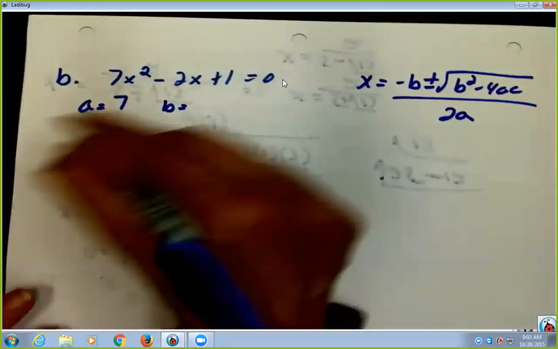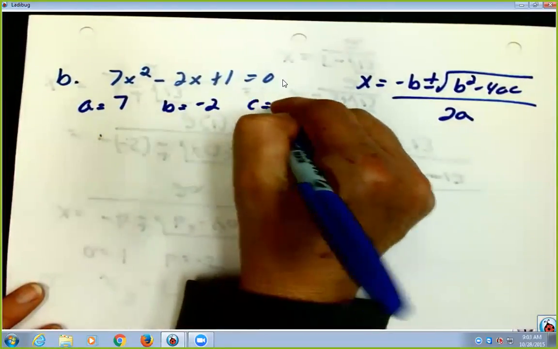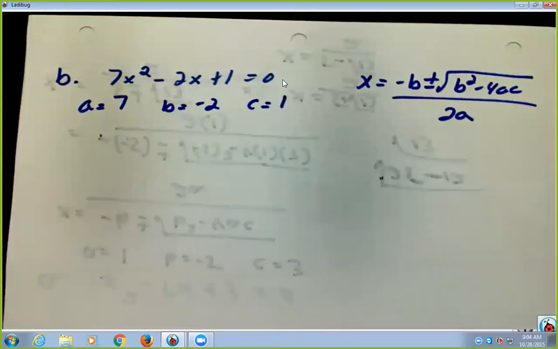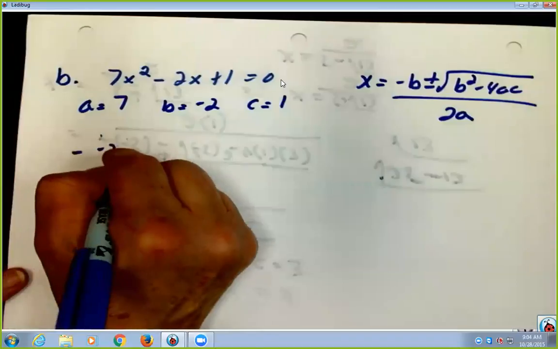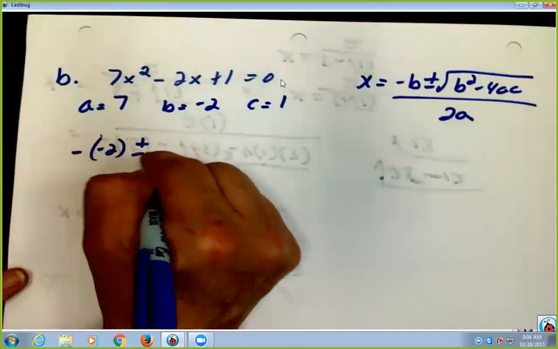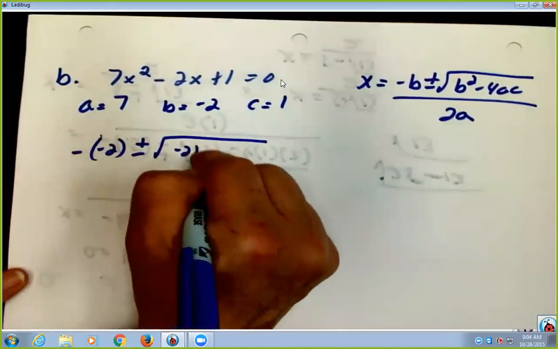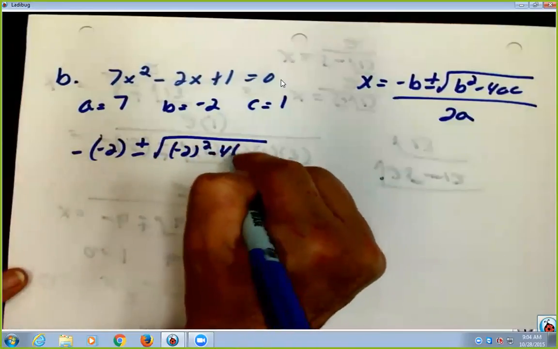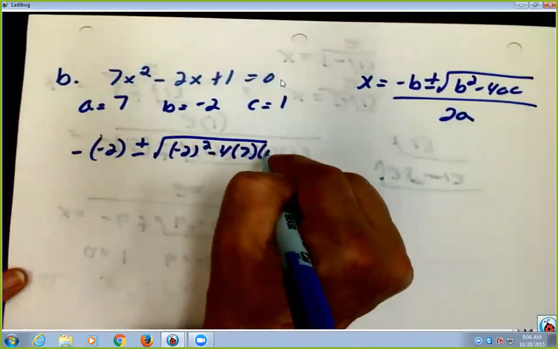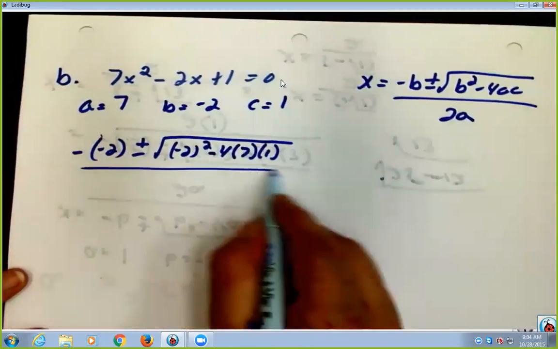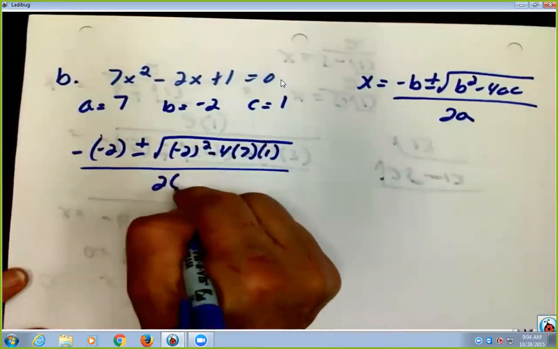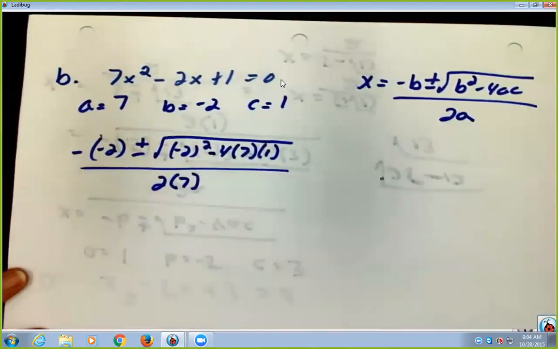B, negative 2. C is 1. Okay, and plug them in. So I have minus a negative 2 plus or minus the square root of a negative 2 squared minus 4 times 7 times 1 all over 2 times 7.